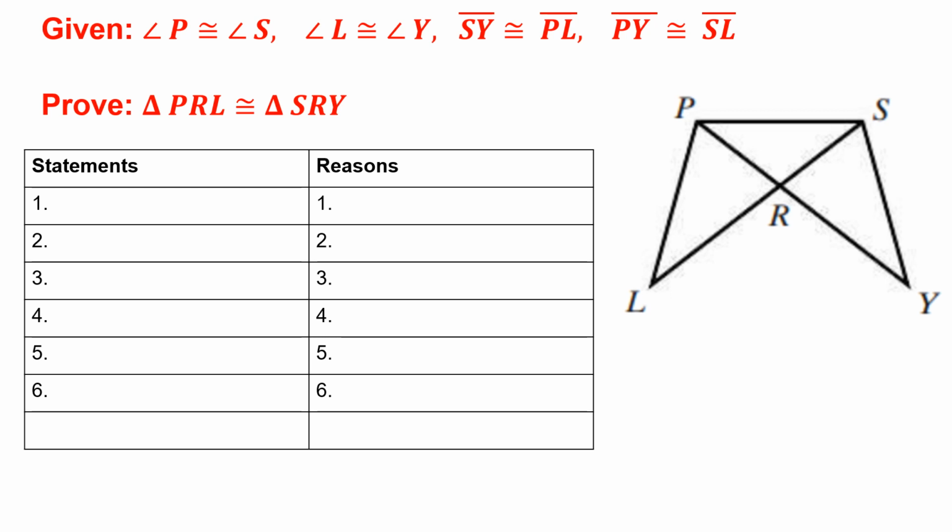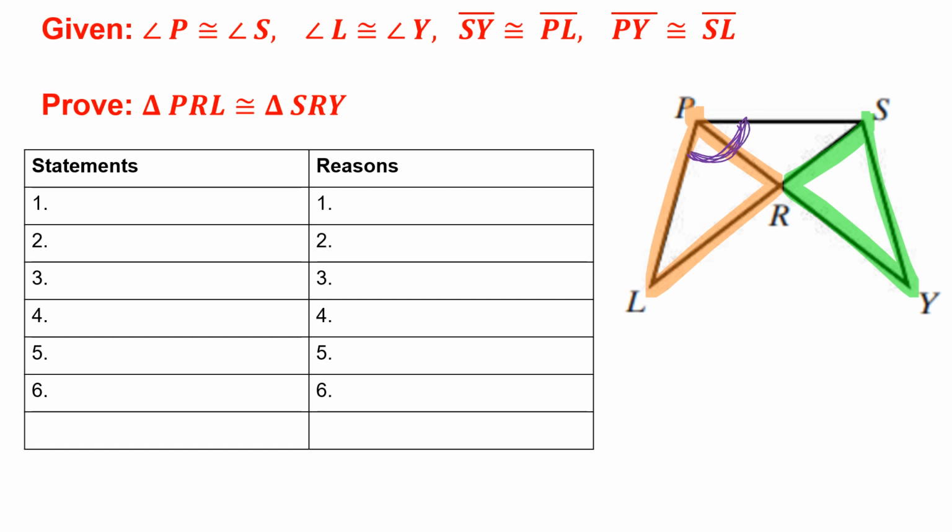We are trying to prove that triangle PRL is congruent to triangle SRY. So we're going to have to look at what we're given and pick out what we're going to be able to use here. The first thing I'm noticing is that angle P is congruent to angle S, and I don't think we're going to be able to use that because angle P is this whole angle here.